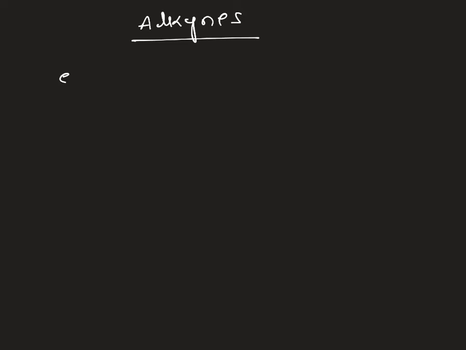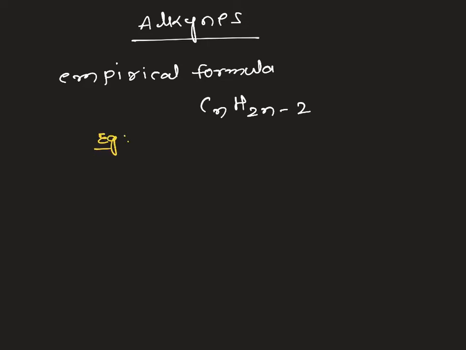The general formula of alkyne is CnH2n minus 2. Let's take one example. Carbon-carbon triple bond is the functional group which is present in the alkyne.